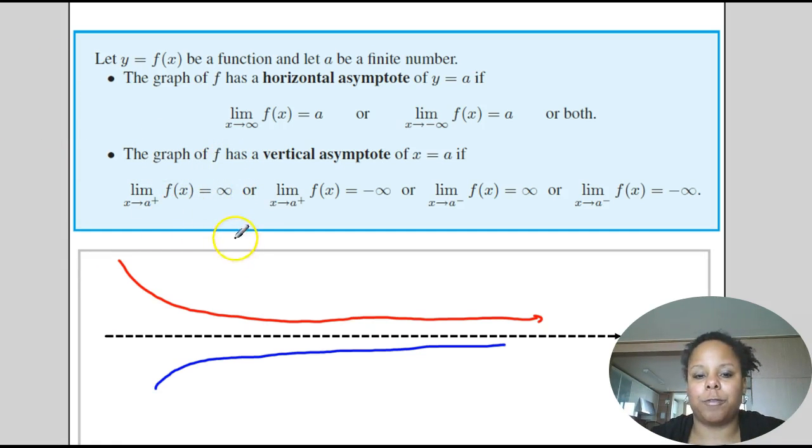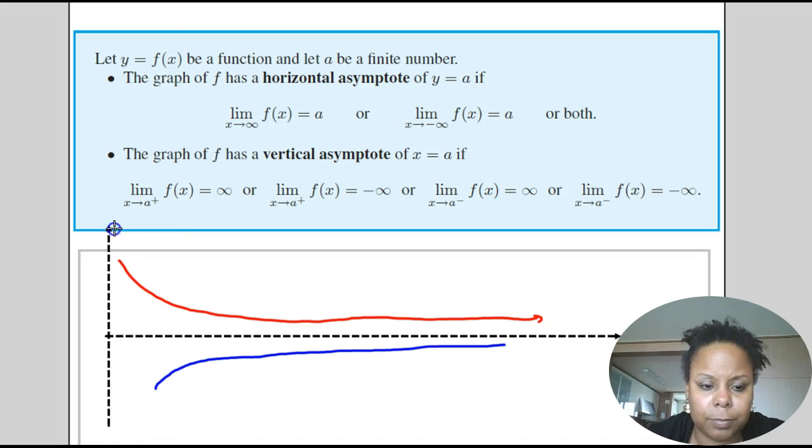And the same occurs for a vertical asymptote. Let me put the line here. If I were to continue drawing this so that it would do something like this, then the y value is going to infinity.